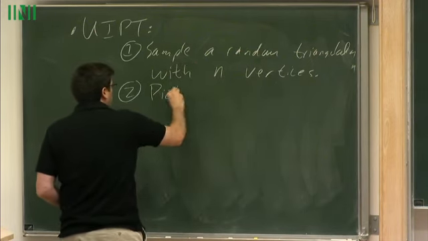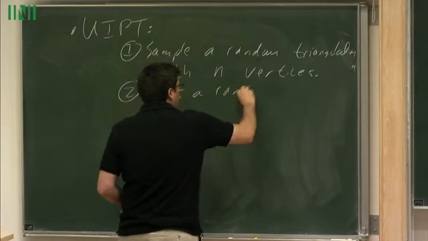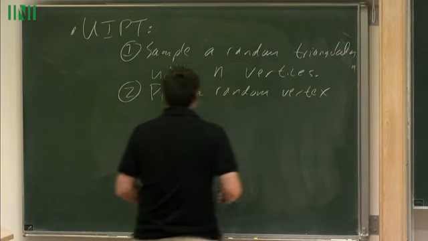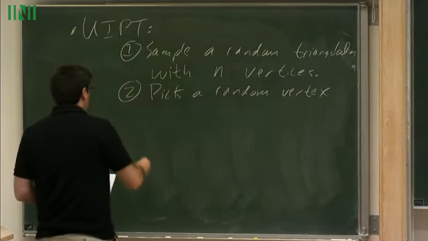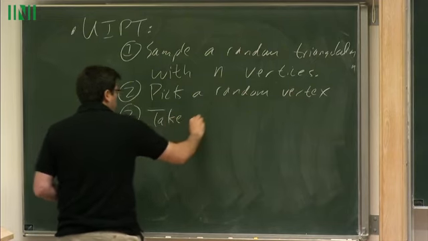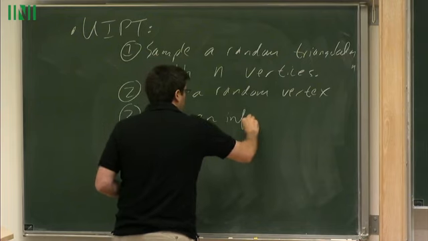You then pick a random vertex inside of your map, and then you look at what happens when you take a limit. You take an infinite volume limit.